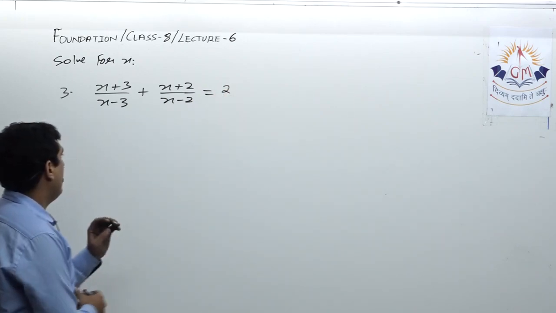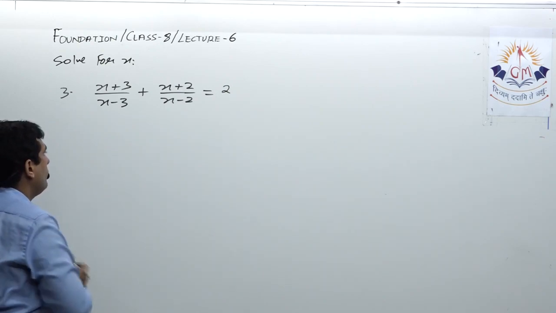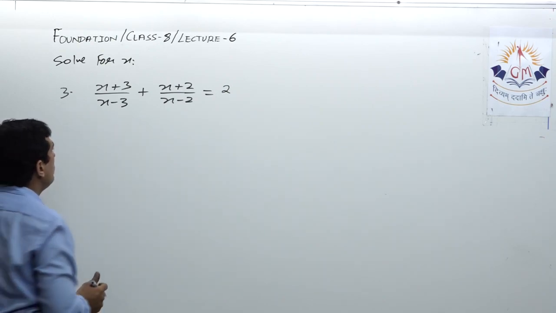X plus 3 upon x minus 3 plus x plus 2 upon x minus 2 is equal to 2.